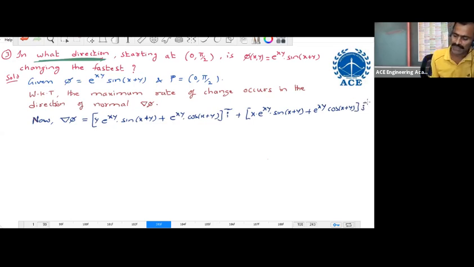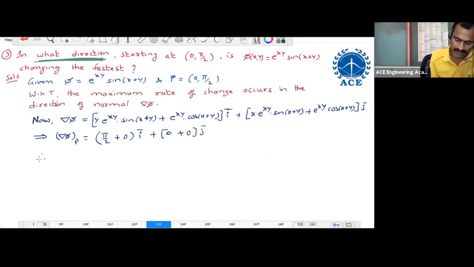This is the gradient del φ. But we require this at a particular point P, where x equals 0 and y equals pi by 2. At x equal to 0, e^0 is 1. Here x equal to 0, y equal to pi by 2, sin(pi/2) is 1, into y pi by 2, plus cos(pi/2) is 0, into i bar, plus 0 plus cos(pi/2) is 0, into j bar.